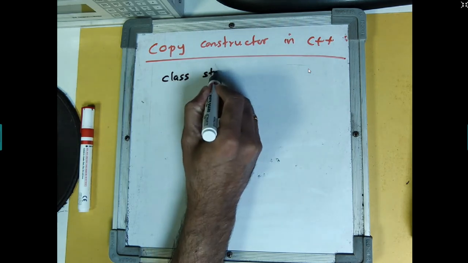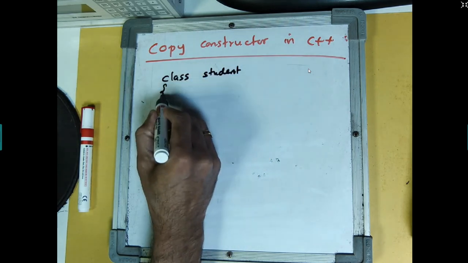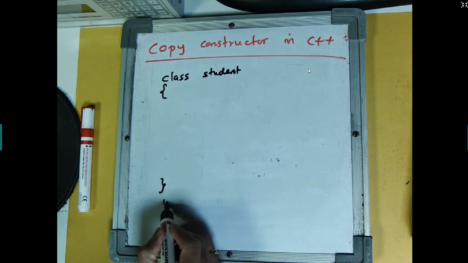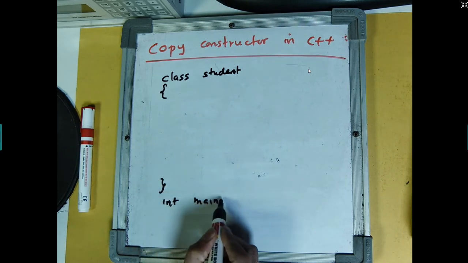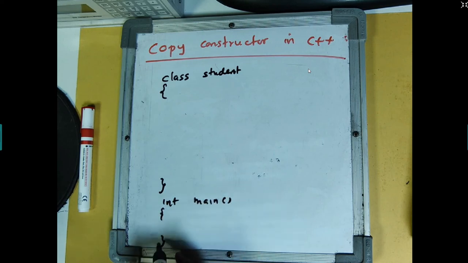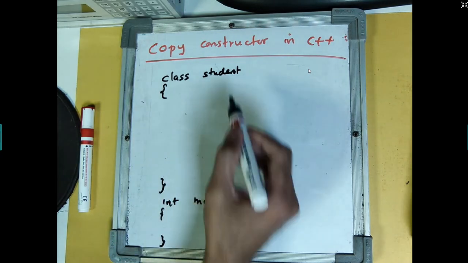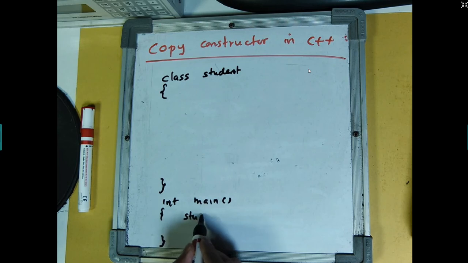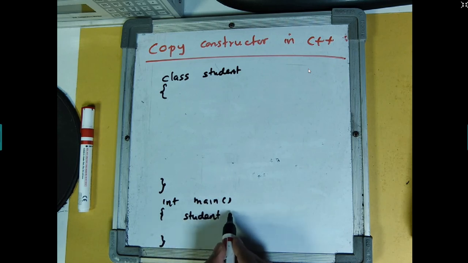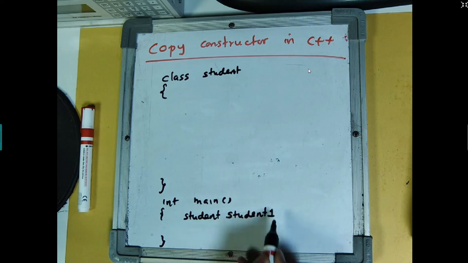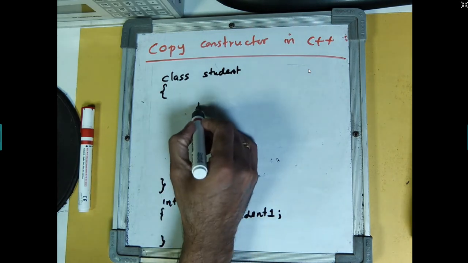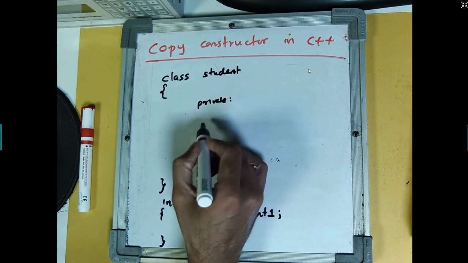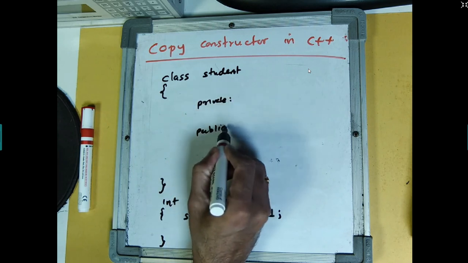Let's say a class of a student, and you have another main function which is used to call the student class in the form of an object, let's say student1. Now it is called an object.